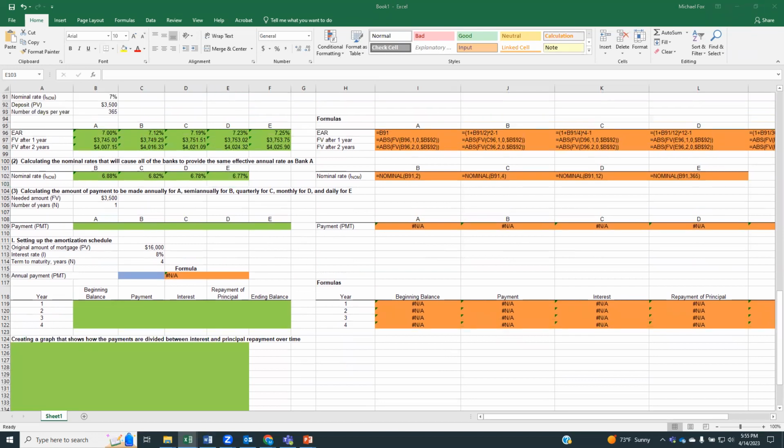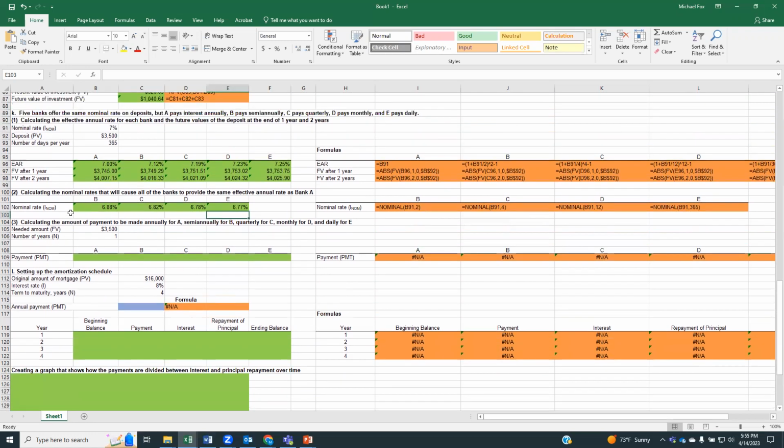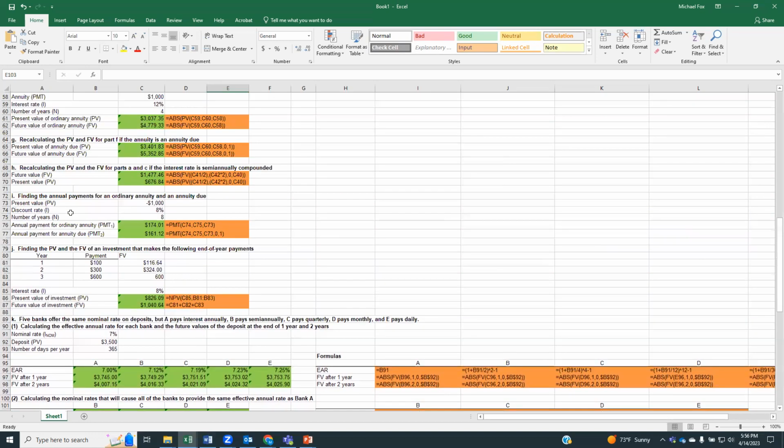All right, let's take a look at part 3, calculating the amount of payment to be made annually, semi-annually, quarterly, monthly, or daily for E. What was E up here?